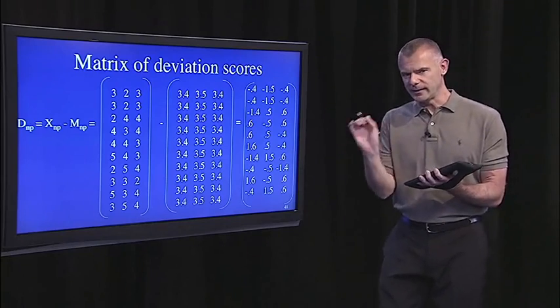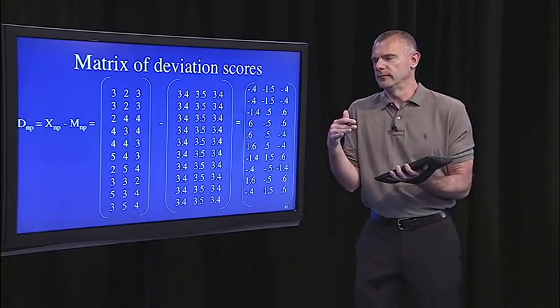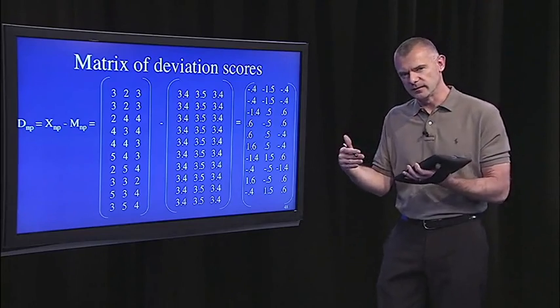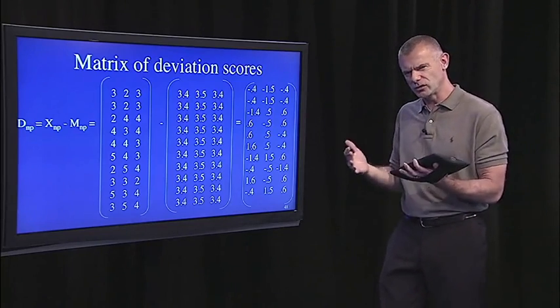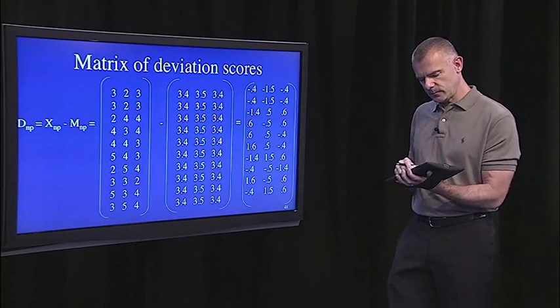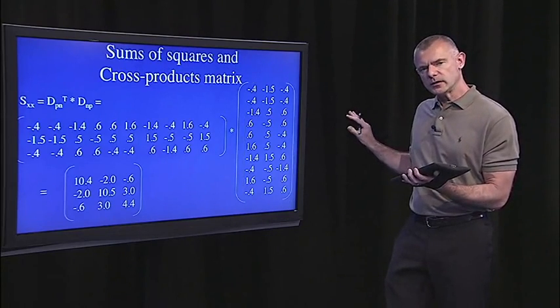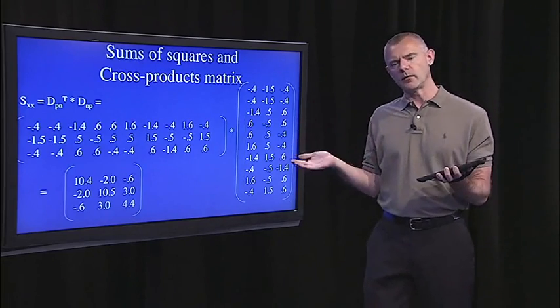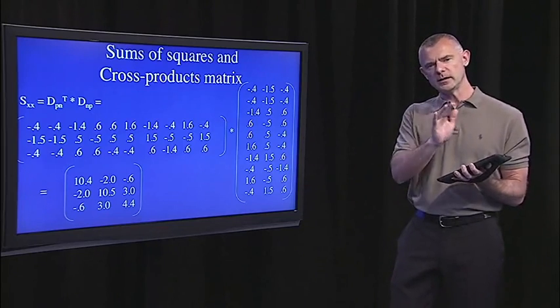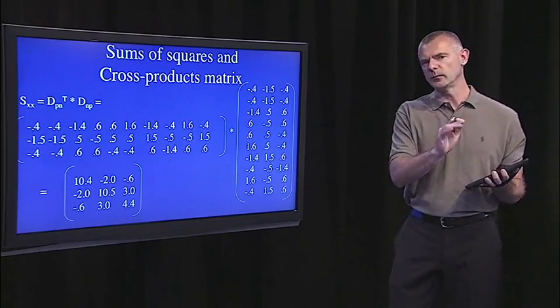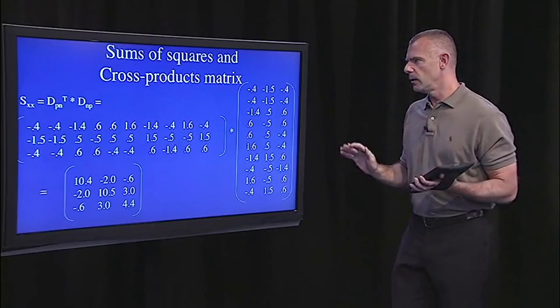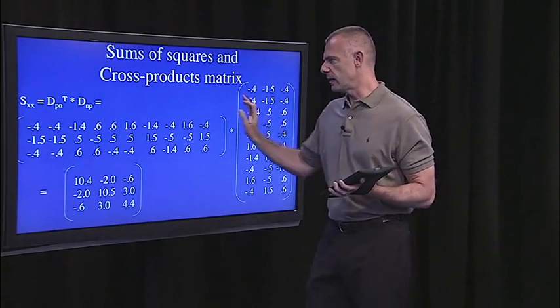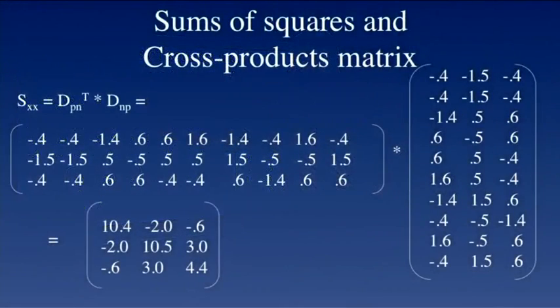What's really cool about this, and this is the part where I actually think matrix algebra gets pretty neat, because this is where it's sort of special to statistics, is that from that matrix of deviation scores, we can get sum of squares and sum of cross products. Remember, we did this by hand when we did descriptive statistics and correlations, but now if we just take that matrix of deviation scores and pre-multiply it by its own transpose.